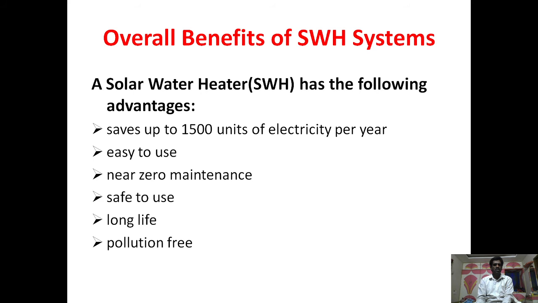If you use a solar water heater system, it can reduce the emission of carbon dioxide by up to 1.5 tons per year with a 100 LPD capacity solar water heater. It also saves up to 1500 units of electricity per year if you use 100 liters solar water heating capacity.